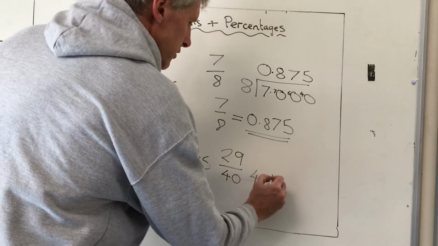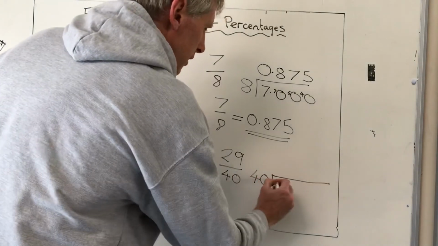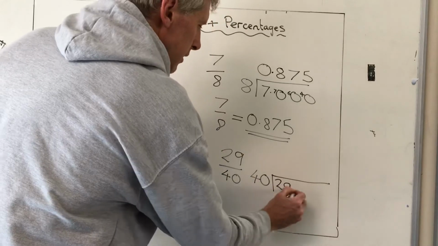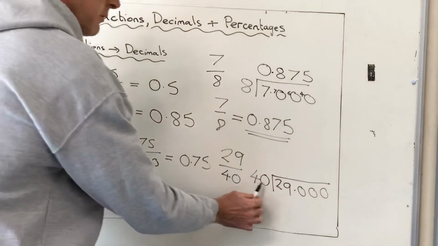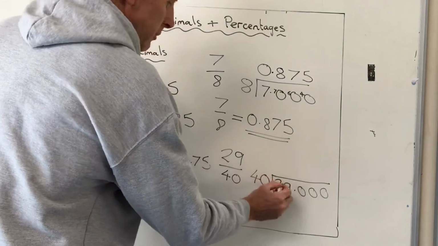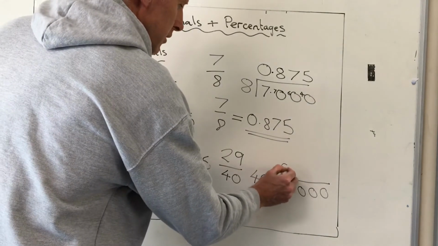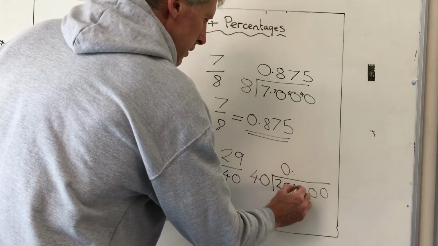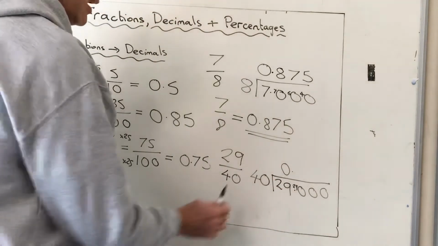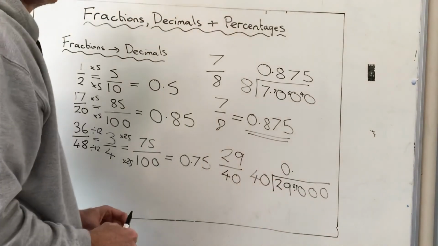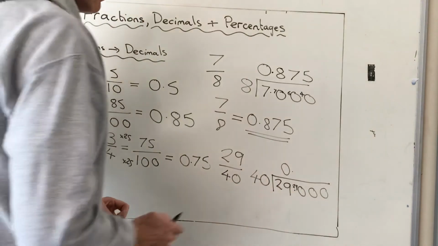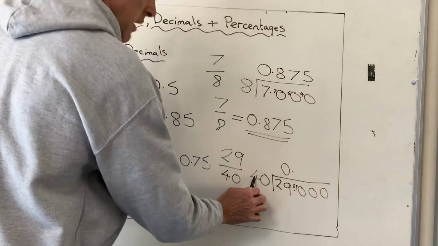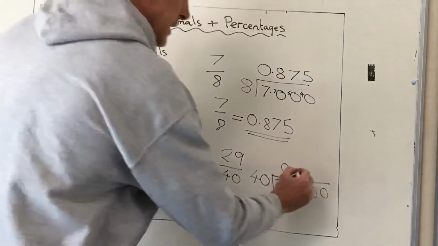How many 40s are there in 29? Okay, how many 40s in 2? Nothing, remainder 2. How many 40s in 29? Nothing, and we have to carry 29 over. How many 40s in 290? The same as how many 4s in 29. It's 7.